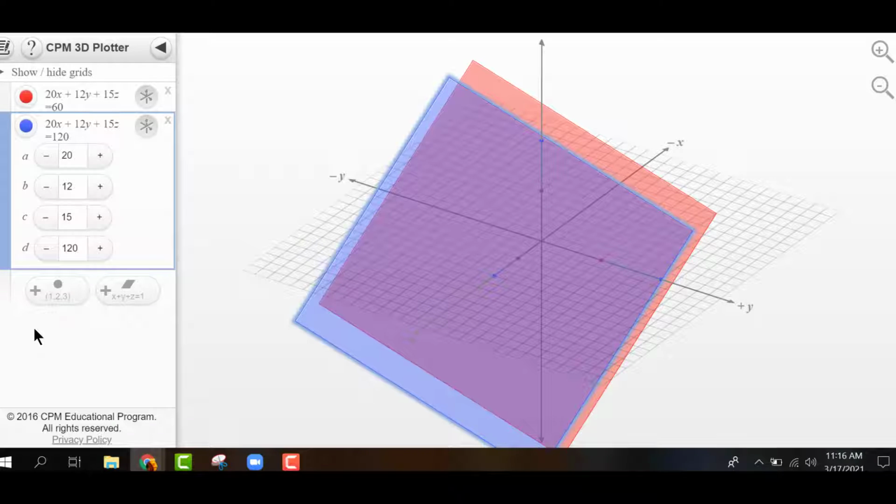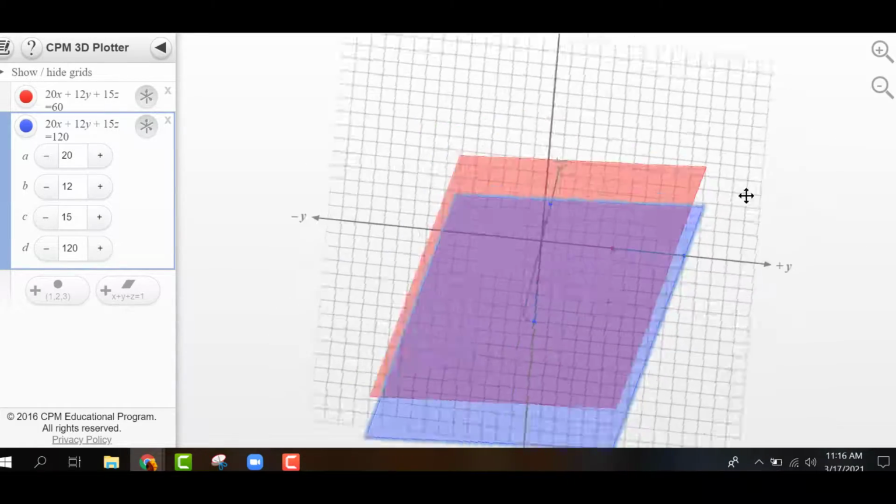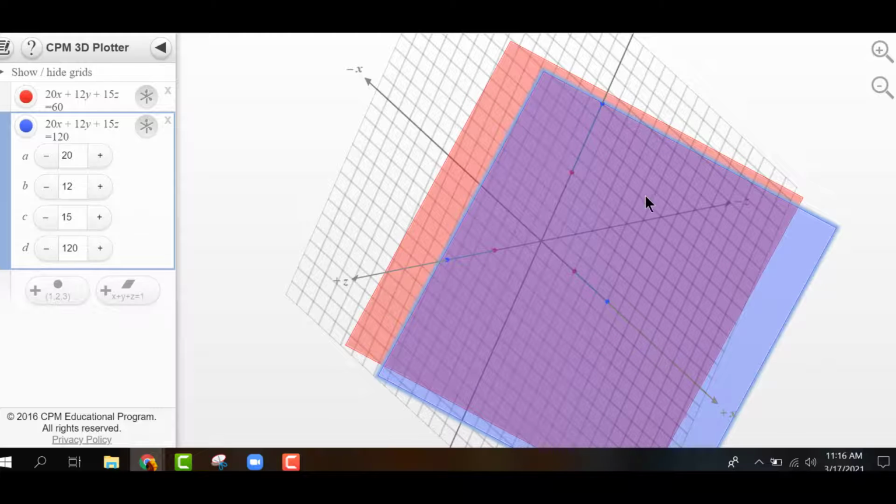All right. So now you guys can use your touchpad. And remember, if you put your mouse on here or your touchpad, you can move this all around, right? So I want you guys to start moving this all around and tell me what you notice about these two planes.